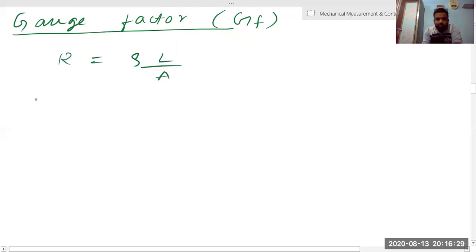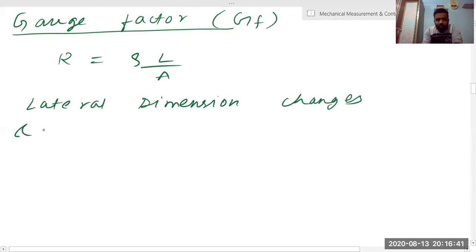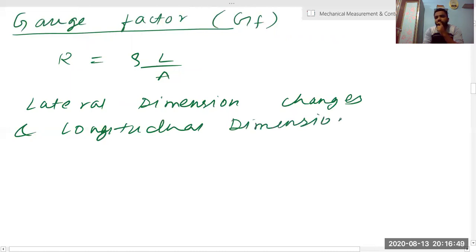Lateral dimension changes, and longitudinal dimension also changes. Why do they change?